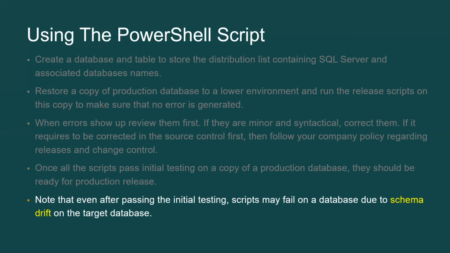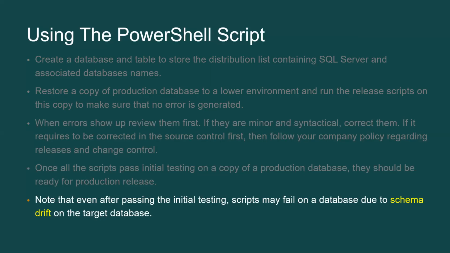The last thing that you need to note is that sometimes, even if you took a backup of a production database, ran the script, and fixed or corrected some of the errors and everything looks fine, when you run it in the production environment against multiple databases, you may see additional errors.